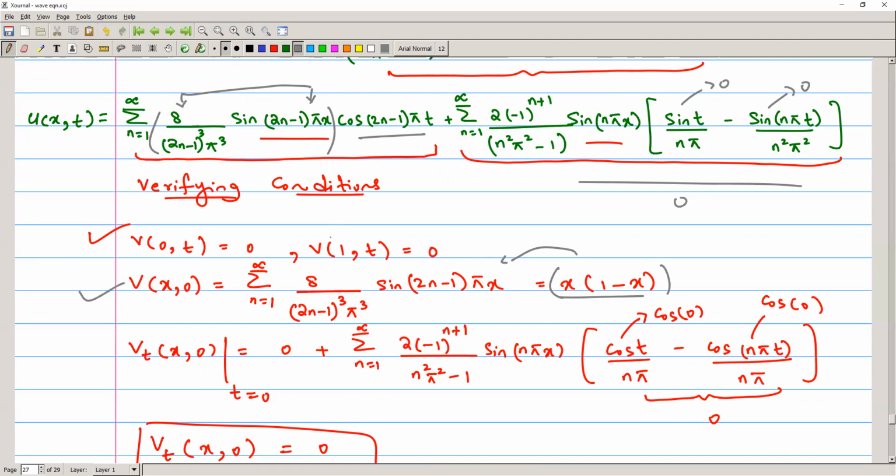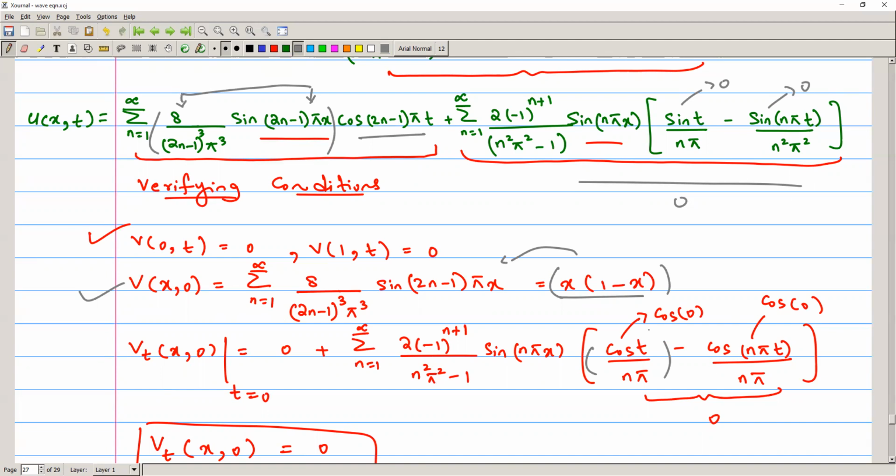Therefore, now v_t(x,0). For v_t(x,0), if we differentiate this, this will be sine (2n minus 1) pi t. So at t equal to 0, this whole will be 0. And for this here, sine t will become cosine t. Here you can see that cosine t over n pi, and this will be n pi times cosine n pi t, right?